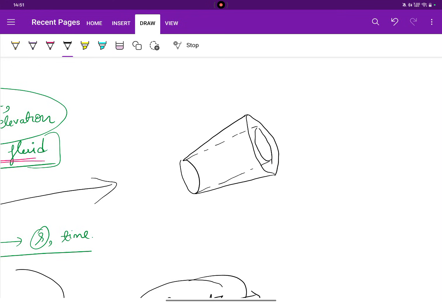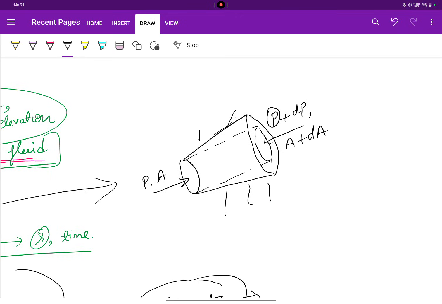See, this pressure P at cross-sectional area A is going to act everywhere, right? Here also. And what would be pressure here? P plus dP. And what would be area? A plus dA. So this pressure P is added here also. It will be added here, here, here on the surface, everywhere, right?